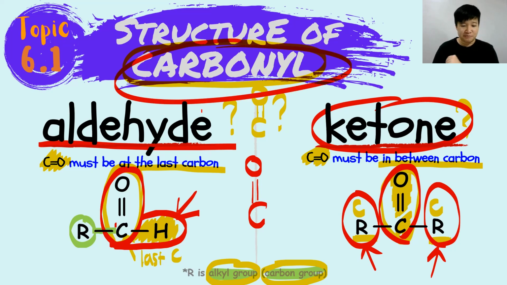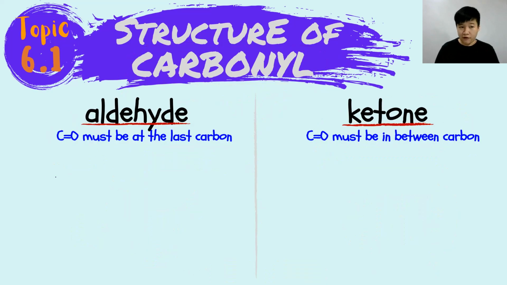Alright? Simple. Some examples for aldehyde. Your aldehyde can be as simple as your CH3 holding C double bond OH. That is your aldehyde. Your aldehyde can also be a longer R group or a bigger R group with more branches, as long as the carbon that holds the double bond O is attached to at least 1 hydrogen.